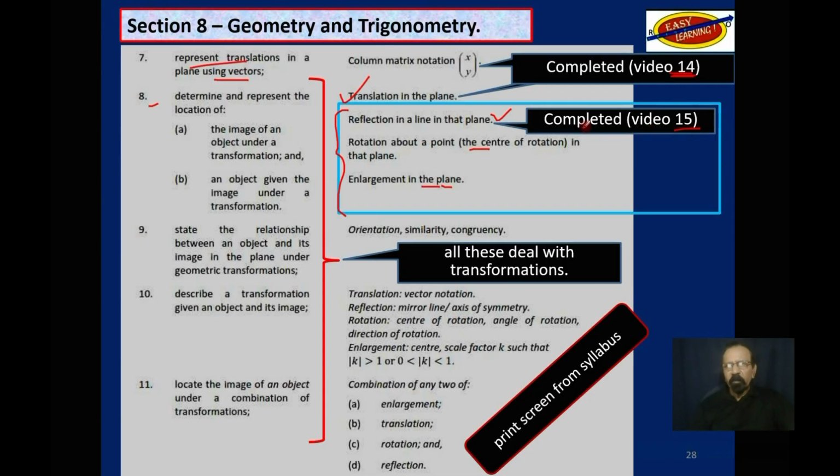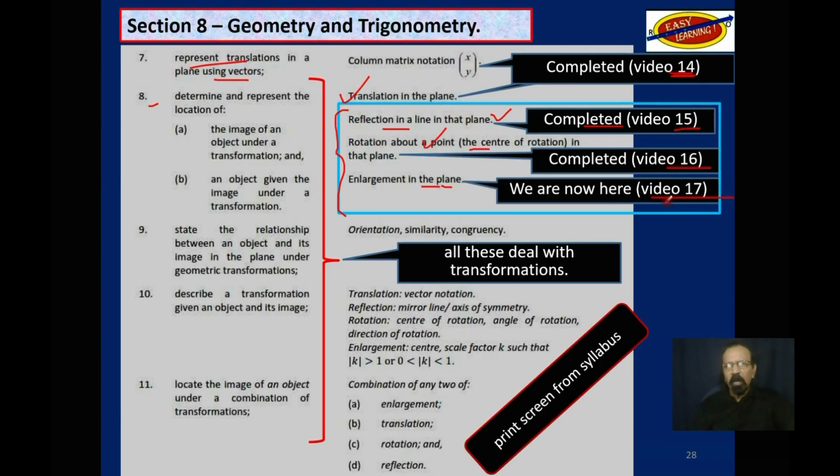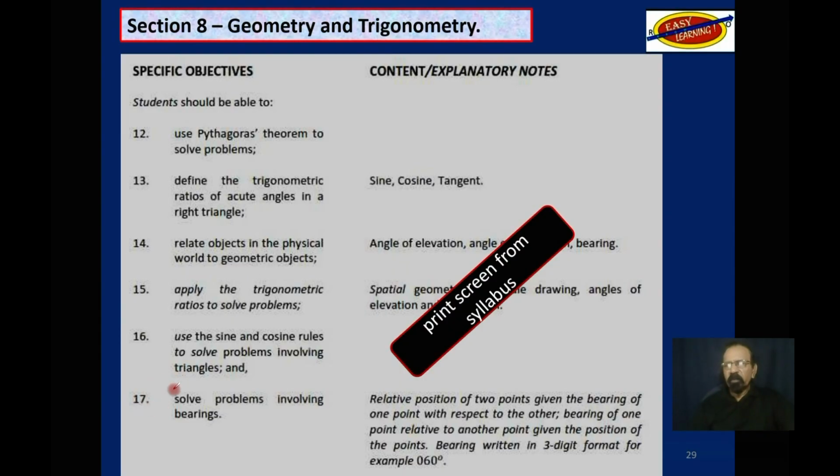So that was video 15 completed, then video 16, this part completed. We are now here at video 17. So that added 2 more videos to this section, which originally was 24. Now it would be 26. And of course, once we finish that page, we still have to go to objective 17 in this section.